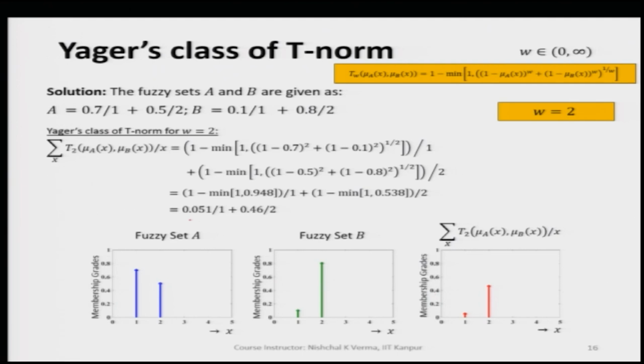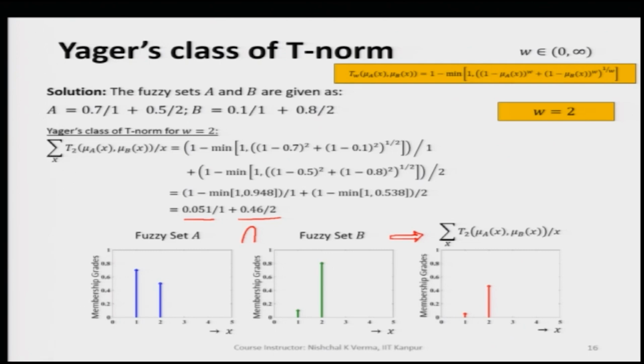On applying the Jaeger's class of T norm expression, we are getting here two elements of the resultant fuzzy set, coming from the intersection of fuzzy set A and fuzzy set B. In the previous case where we had W is equal to 1, this term had the membership value 0, whereas here the membership value is not 0.